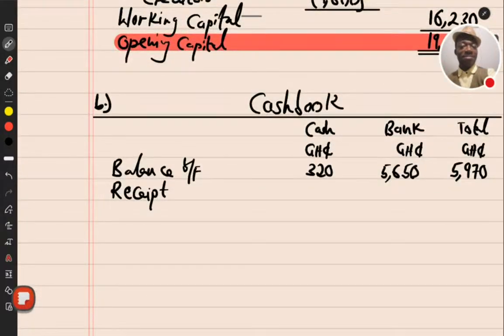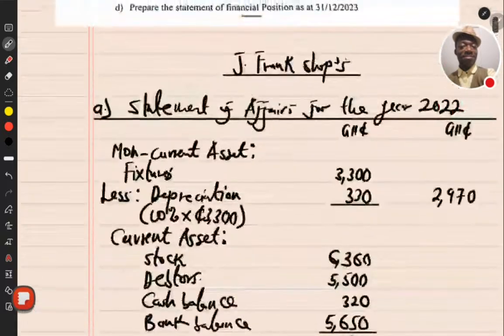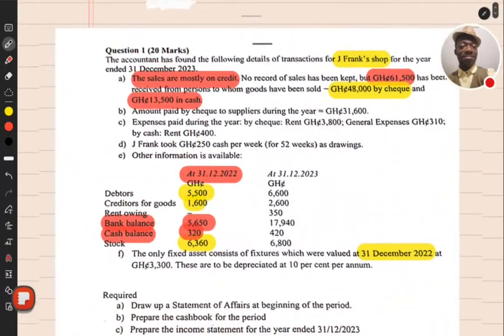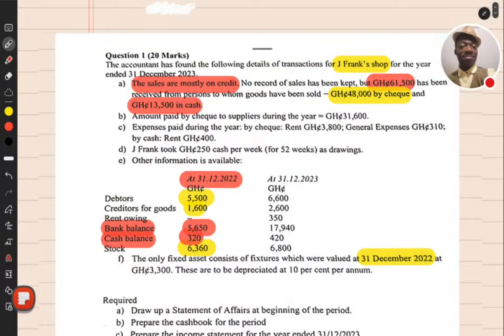For cash, we have 13,500, and for bank, 48,000. So we get 61,500 as the total. Is that all for the receipts? Yes, I think that is all for the receipts.